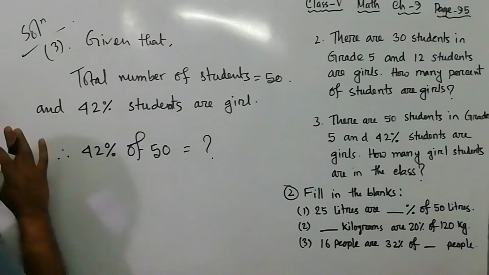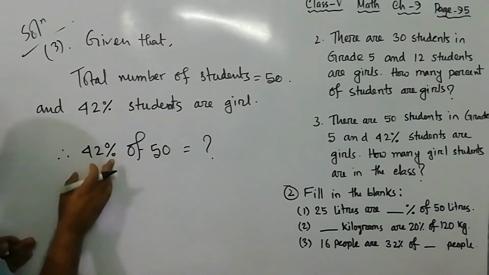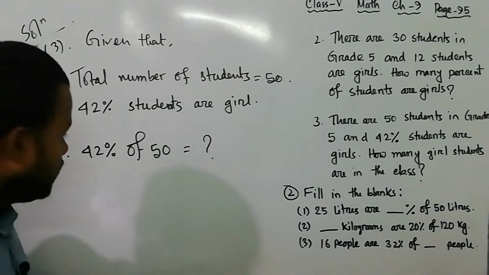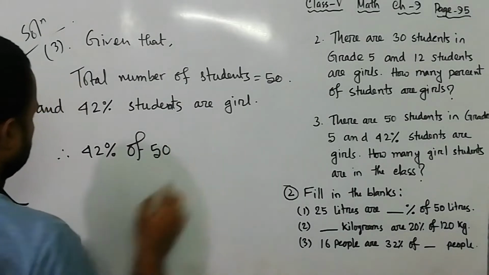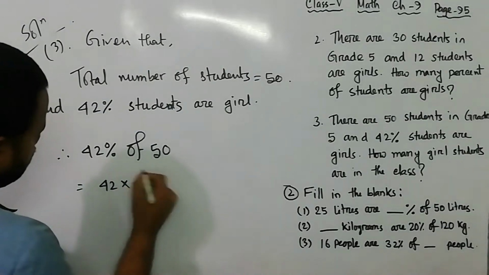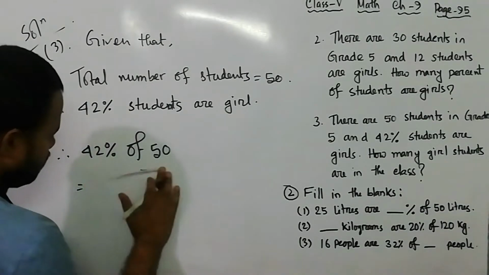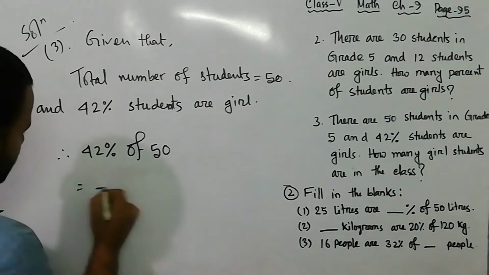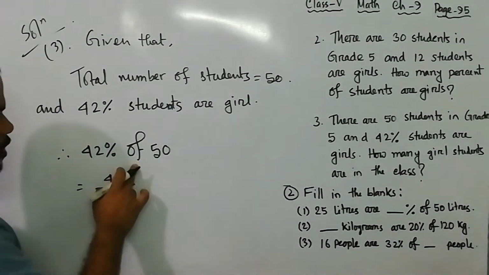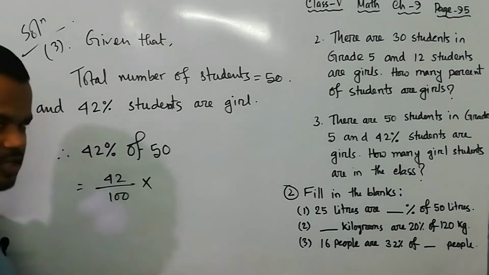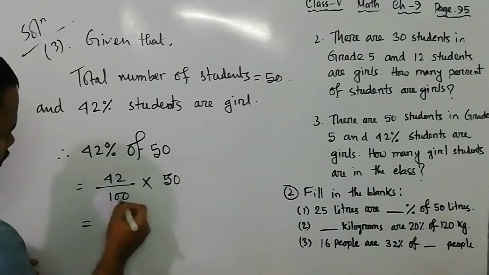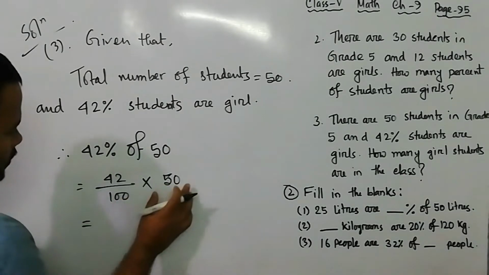Now if we convert this percent number into a fraction, it equals 42 into 1 by 100. That means we can also write 42 by 100 of, that means multiplication, 50.